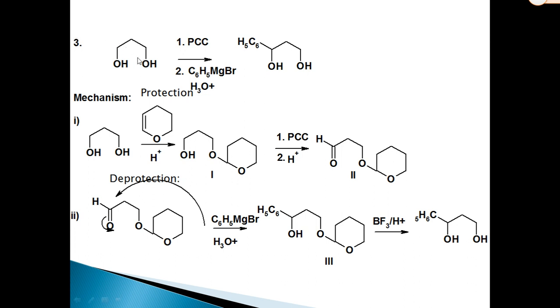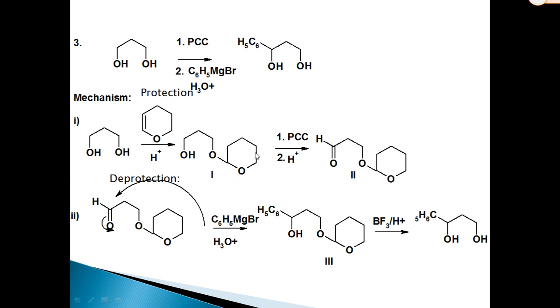Blocking the reactivity of this second hydroxy group means protect. We have to protect this hydroxy group. See here in the first step, with the dihydropyran ring, we have protected this hydroxy group to form the tetrahydropyranyl derivative.